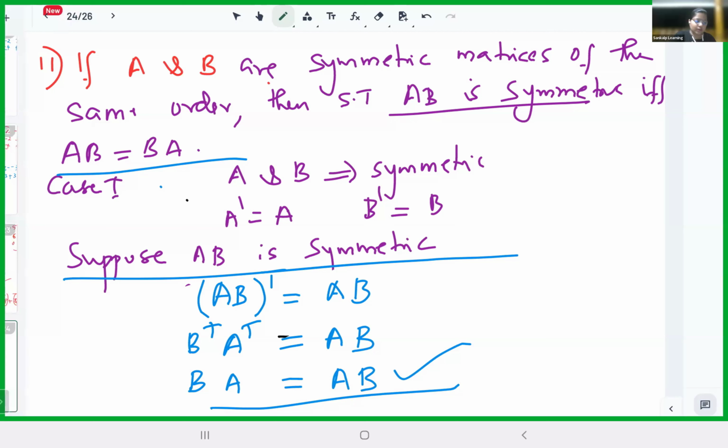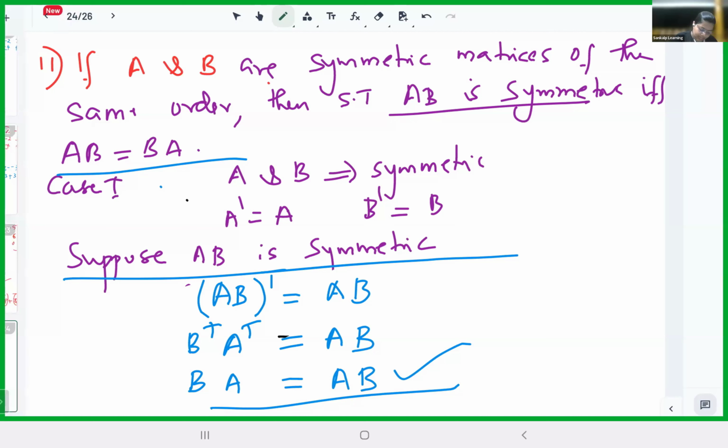That is, AB transpose is equal to AB, right? So consider AB the whole transpose. AB the whole transpose is B transpose A transpose, right? And what is B transpose? It is B, because B is a symmetric matrix. A transpose is A. And we have supposed that AB is equal to BA, right? So this BA can be replaced with AB, right? So what is AB the whole transpose?